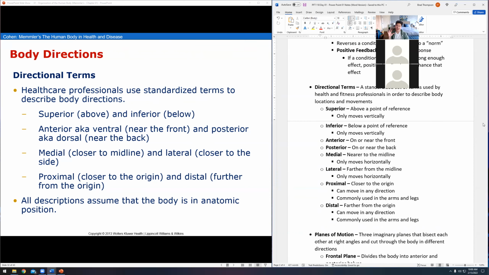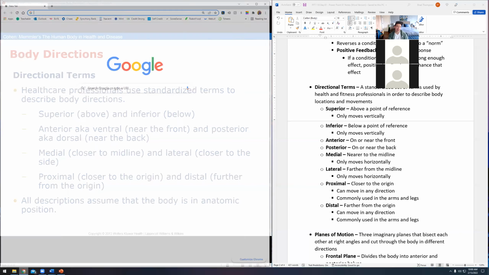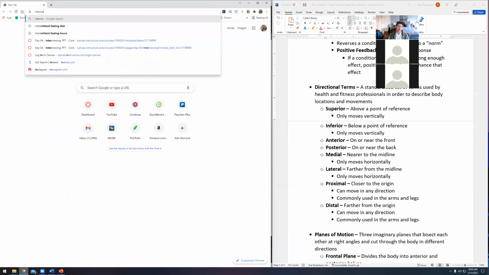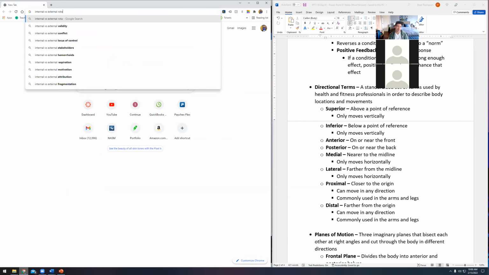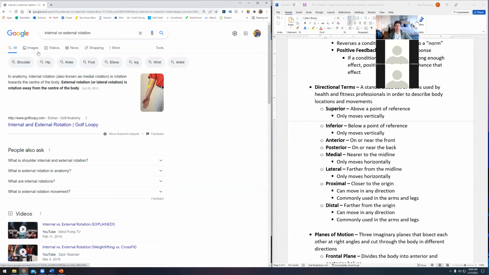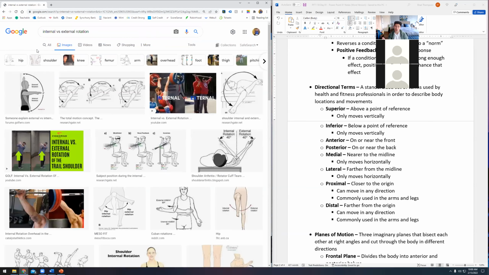Anyway, those of you who have been through kinesiology with me, we sometimes talk about the differences between internal shoulder rotation and external shoulder rotation. You'll hear me say internal versus external.